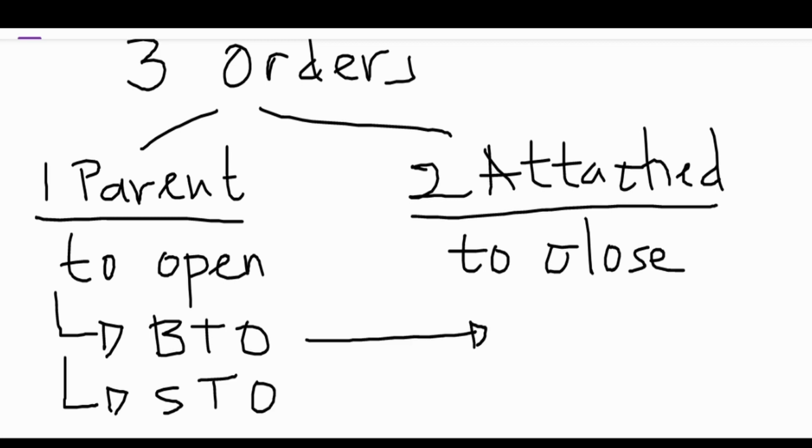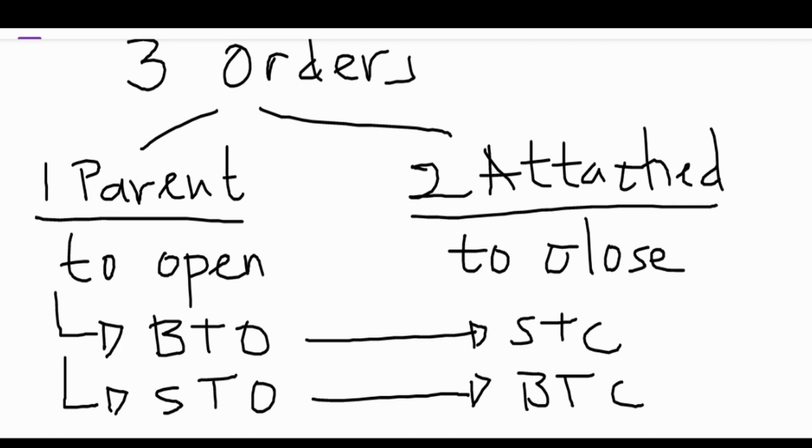Consequently, if the initial position was a long position or BTO, then the attached order will be a sell to close or STC order. Vice versa, if the parent order was an STO, the attached order will be a buy to close or BTC order to exit the existing position.